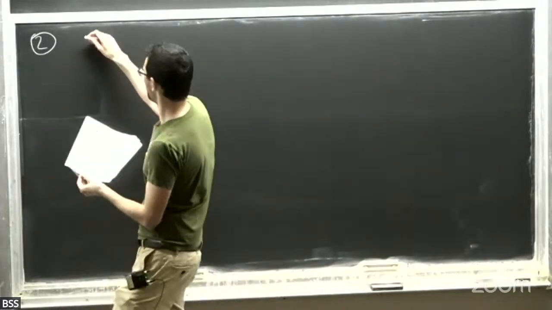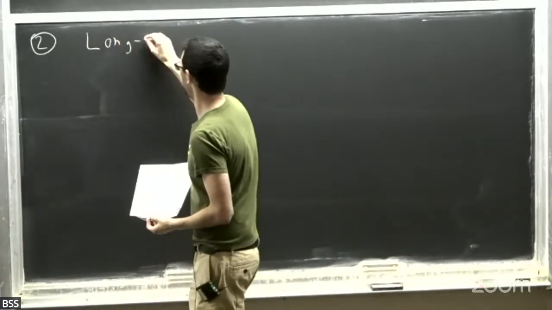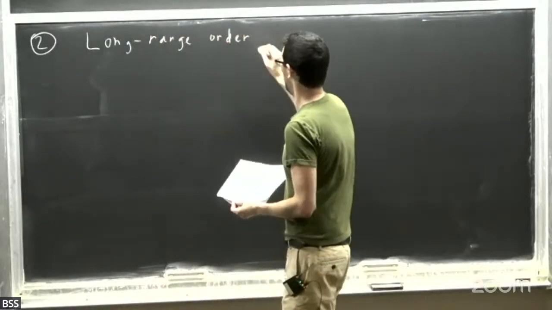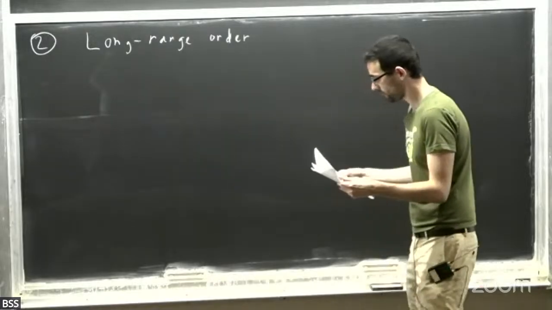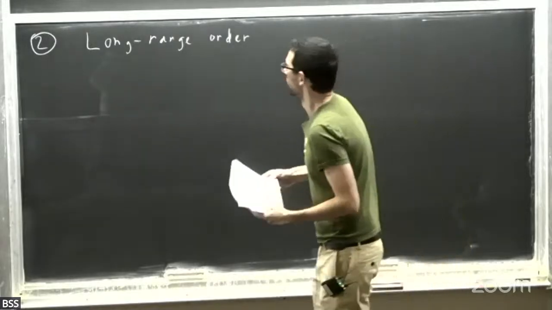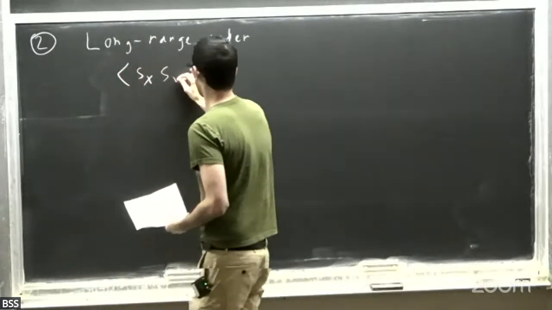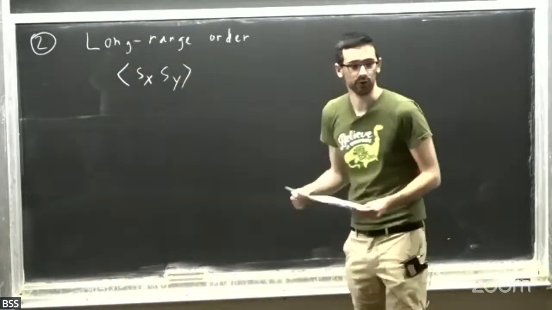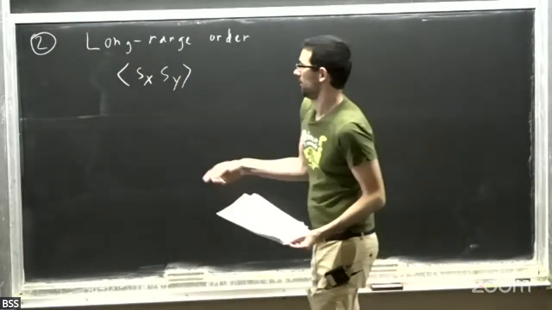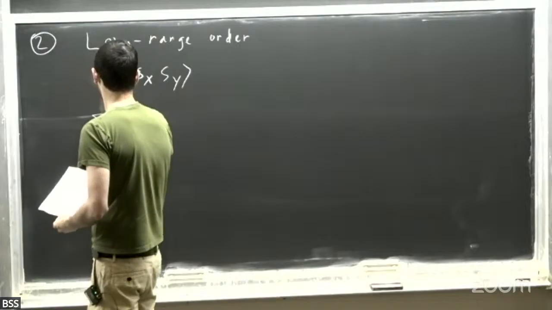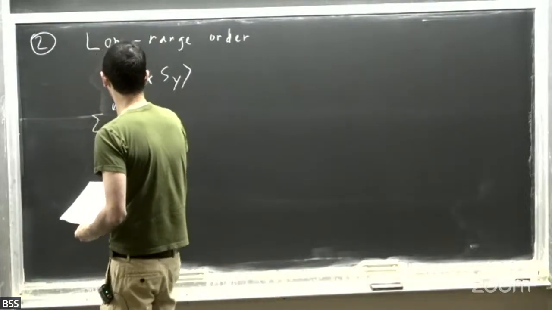Spontaneous symmetry breaking. So the second thing we could do is look for long-range order in the ensemble. So if I look at, let's say, a spin correlation like the average value of Sx, Sy, here this average is taken over the thermal ensemble in the usual way.